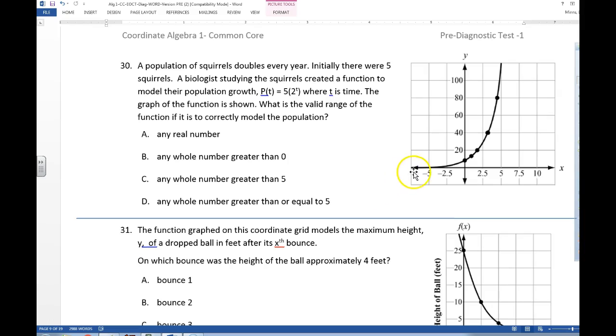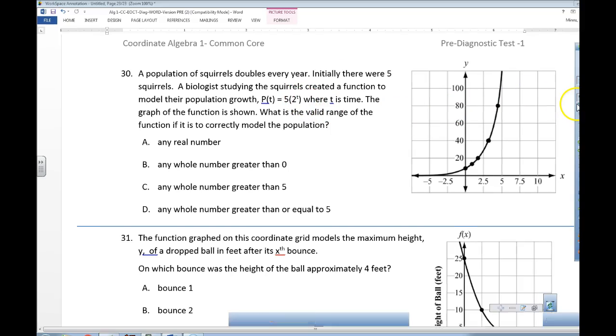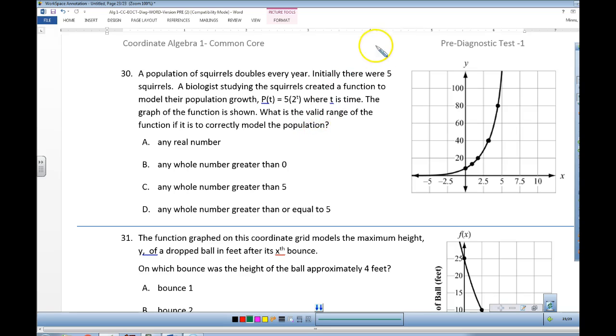Well, this is the graph of 5 times 2 to the t power. But this is a real world problem. And where do we start this real world problem? 5. There were 5 squirrels. So the range, remember that's the y values, has to start at 5, right here.